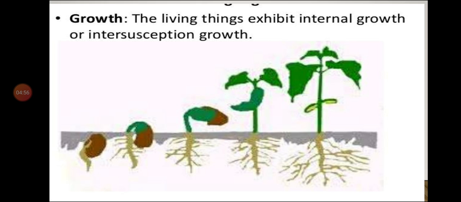Such external growth takes place only in non-living things. But actually, the growth and development process are unlimited. This process takes place in living organisms, and it should happen internally.